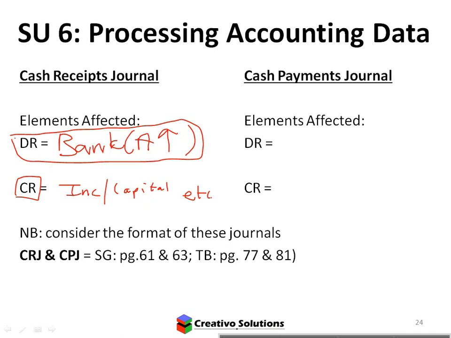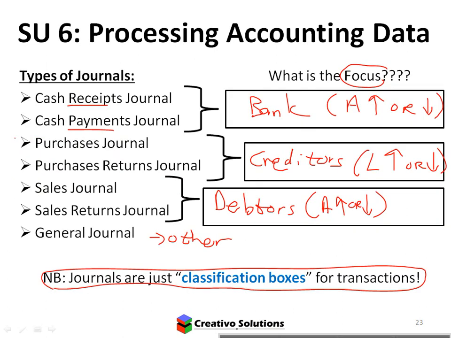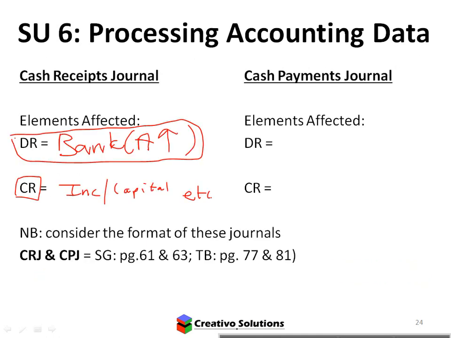Does that make sense? I want you to think about those other journals, because journals group transactions. Tell me what sort of transactions you think we'll see in a journal. Maybe just to wrap up this bit, in a cash payments journal, would I expect to see payments? Yes. So what accounts will I affect? Expenses could be part of the payments.